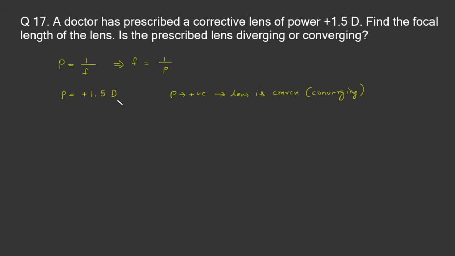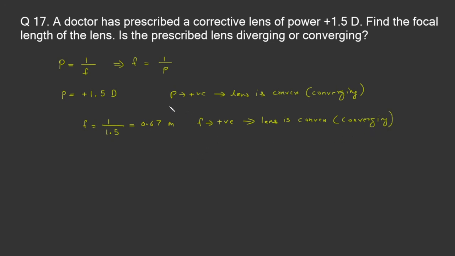We can easily calculate the focal length by putting the value of power in this equation. So F is equal to 1 by 1.5, that is equal to 0.67 meter. You can also observe that F is also positive. We know if F is positive, lens is convex, that is converging.